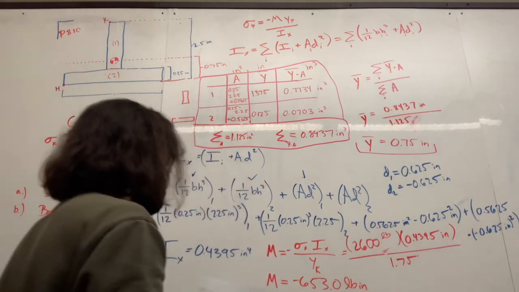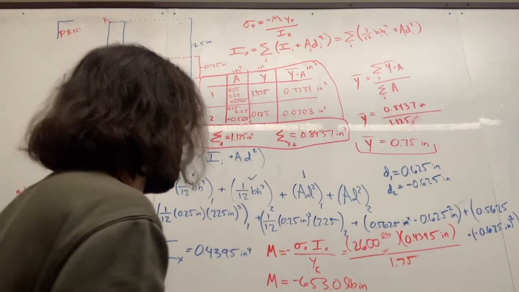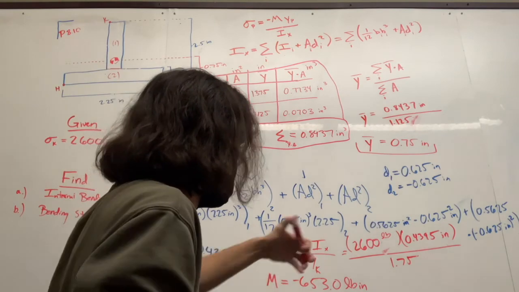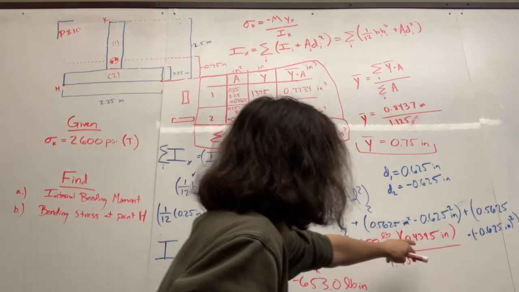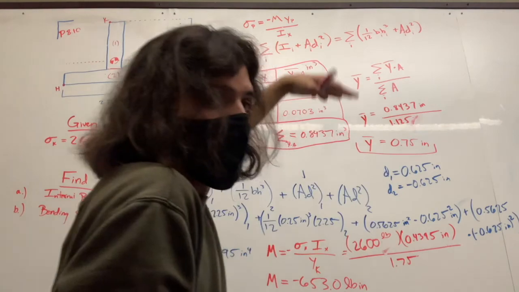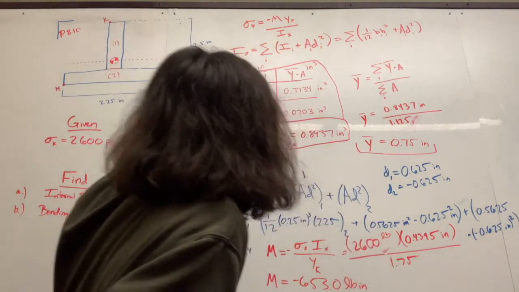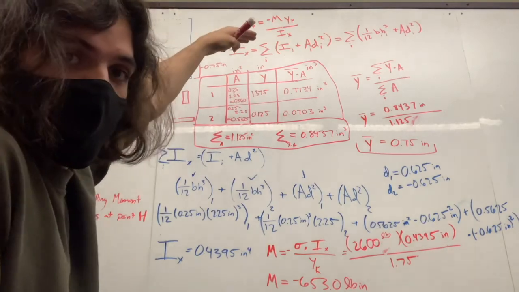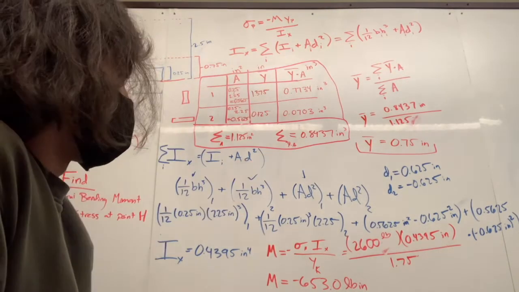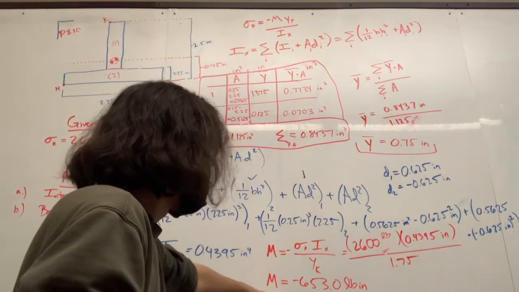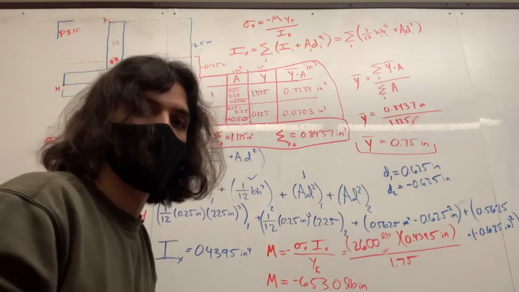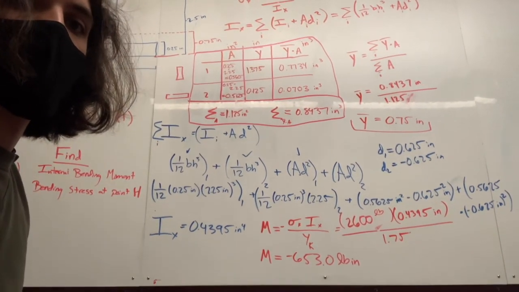So it's negative because the formula is negative, and this value, since we went above that centroid line in the positive y direction, stays positive. So this is the moment for part A.